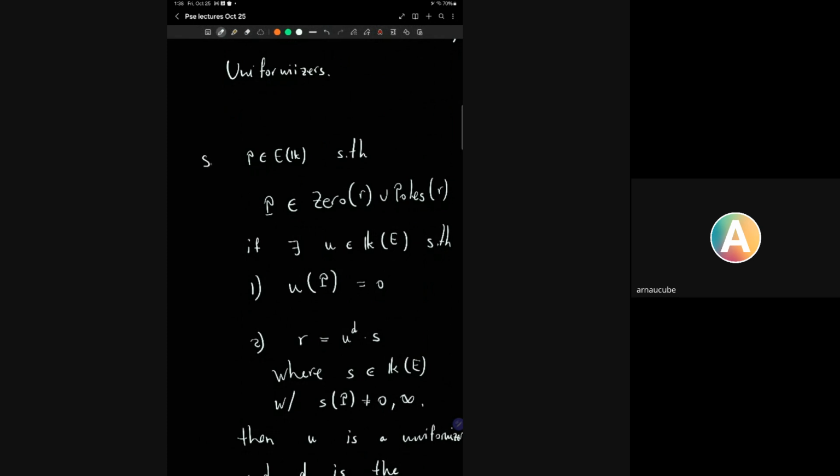So I want to say, suppose you are given a point P. There exists U such that for any rational function R, you can express, let me put it here.